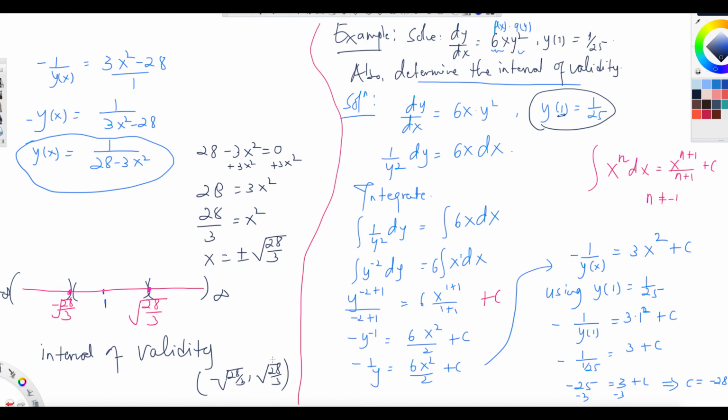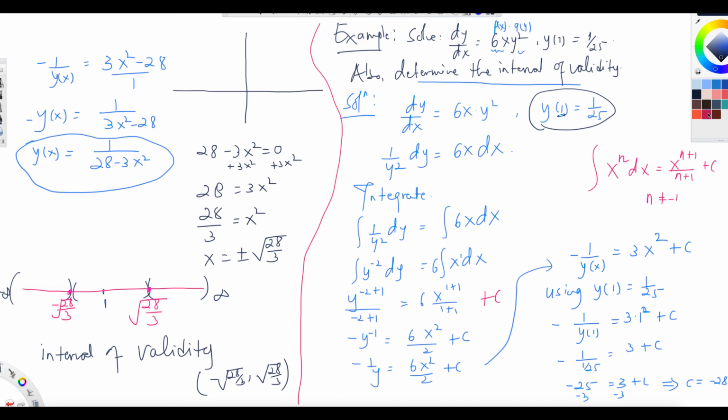Sometimes it may be harder to solve and find the interval of validity. In that case, some people try to plot the solution function. If you plot this solution function in your calculator, you will see a graph like this, with an x-axis and y-axis.